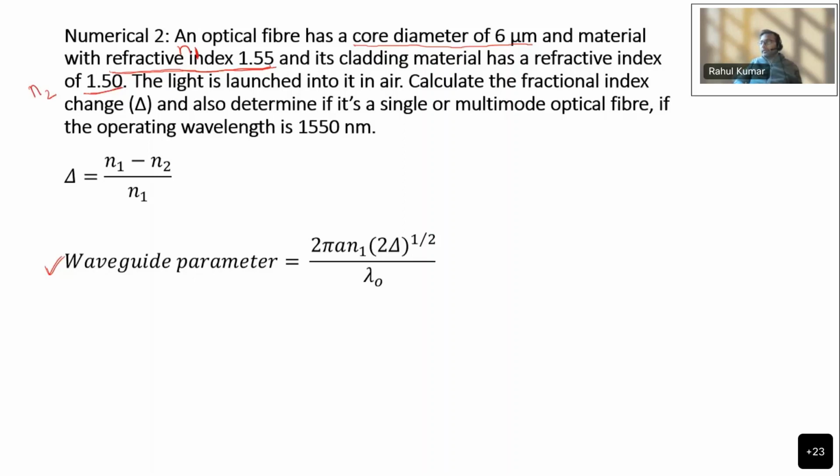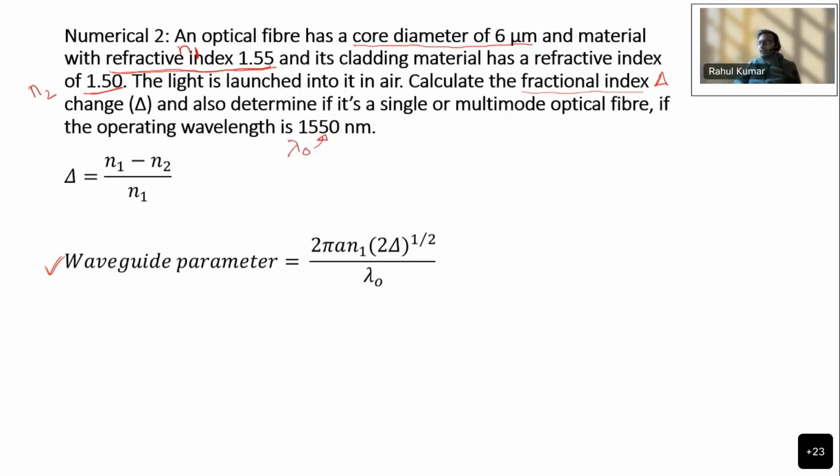Okay, and we have to calculate the fractional index change delta, and also determine if it is a single or a multi-mode optical fiber. If the operating wavelength, it is 1550 nanometers.